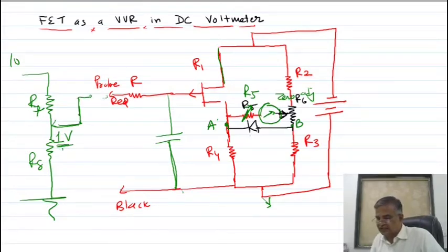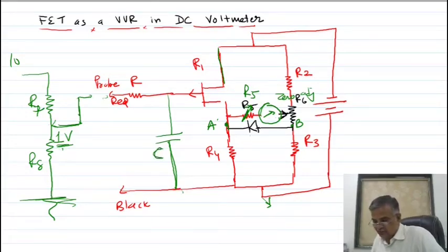So this scale measures in a scale of 1 volt, but it is to be multiplied by 10. You must have seen the multiplication factor knob in a meter. So to measure the higher scale, such an attenuator network should be connected.